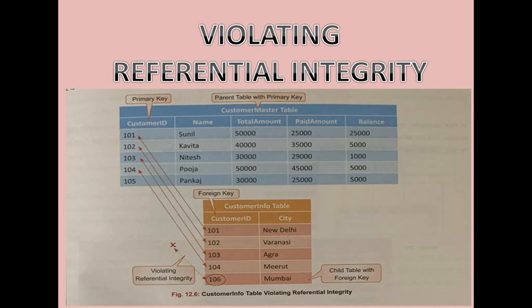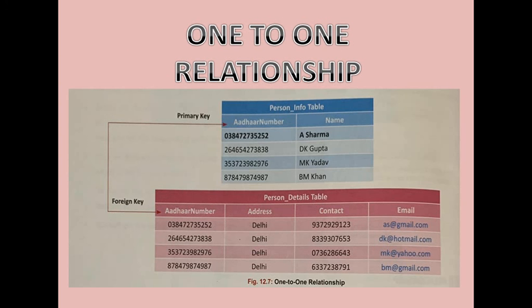Now let us see the relationship. In MS Access we can store data in multiple tables. As we can store data in multiple tables, relationships and links that associate a field in one table with a field in another table are possible. To fetch common data from multiple tables, we need to define relationships between the tables.